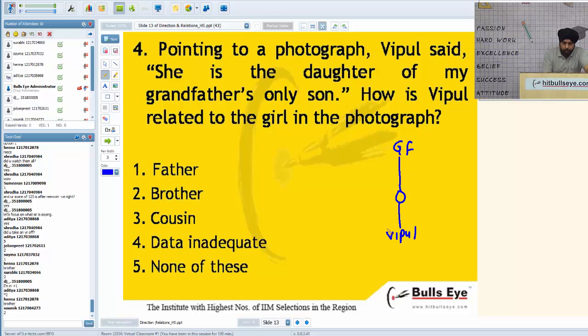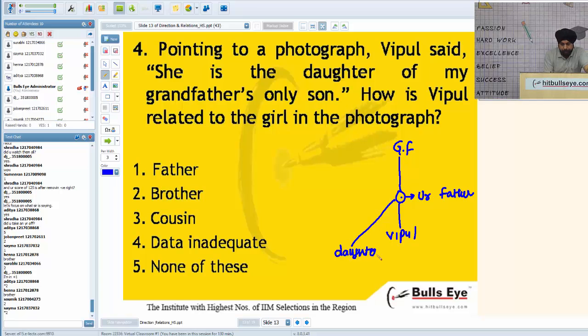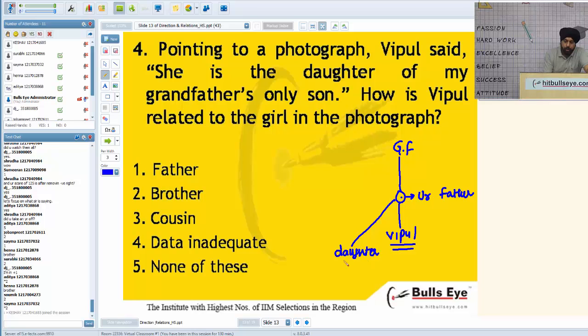If it is my grandfather's only son, it must be represented by your father and she is the daughter. Now a male saying this, Vipul saying this about his father's daughter. The daughter of his father is obviously sister to Vipul, but the question is how is Vipul related to the girl? So Vipul will be brother to that lady. So the answer shall be the second option.